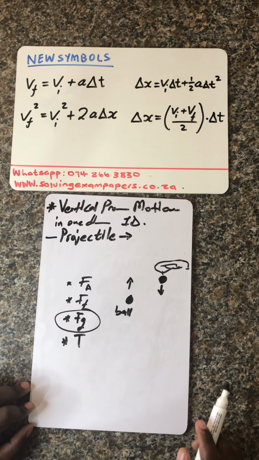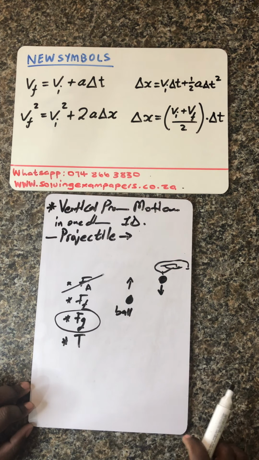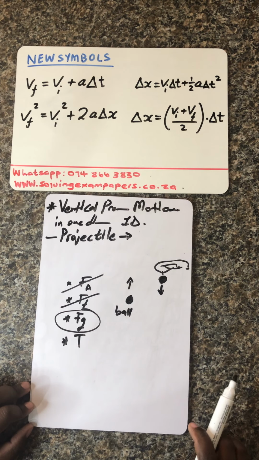So that means there is no applied force. Okay. And again, ladies and gentlemen, there is no frictional force which could be as a result of the wind. Obviously, in real life, we've got wind.